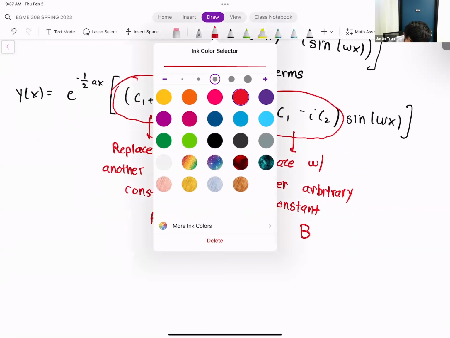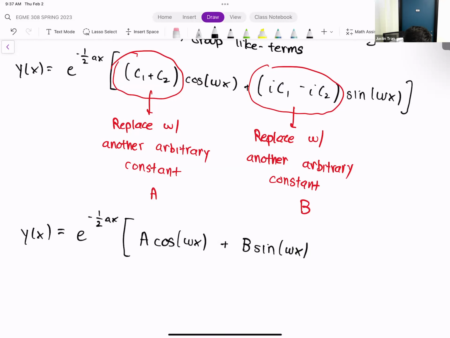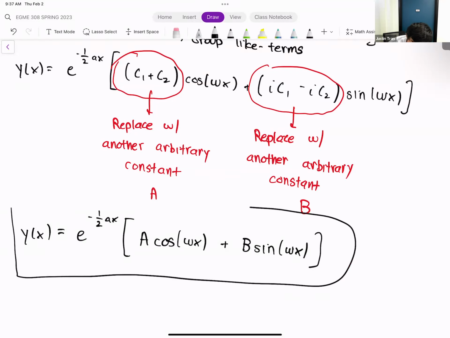If we combine all these together, our general solution for the case when we have complex conjugates is e to the minus 1/2 multiplied by a cosine omega x plus b sine omega x. And so you have the sine and cosine terms with a decaying exponent.